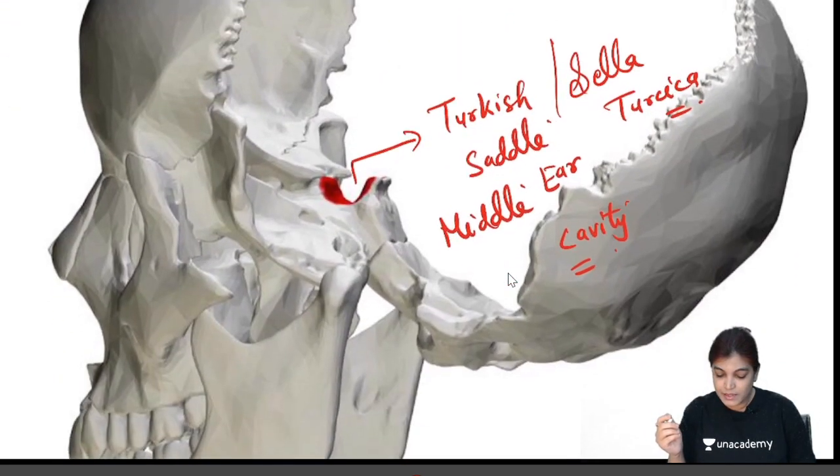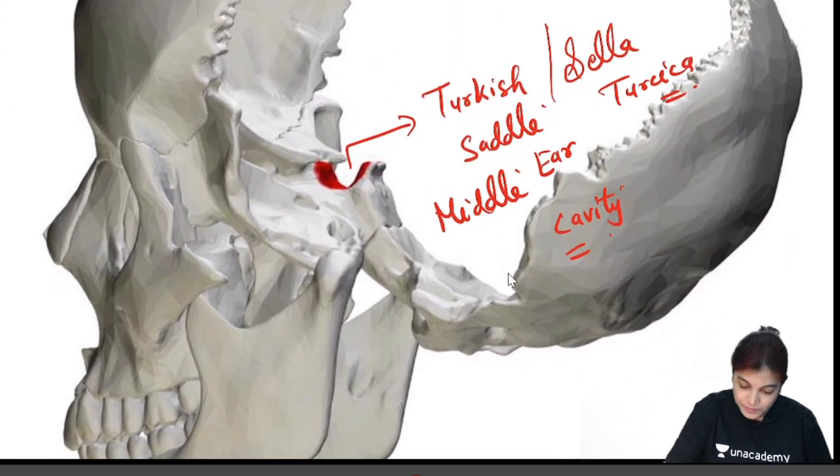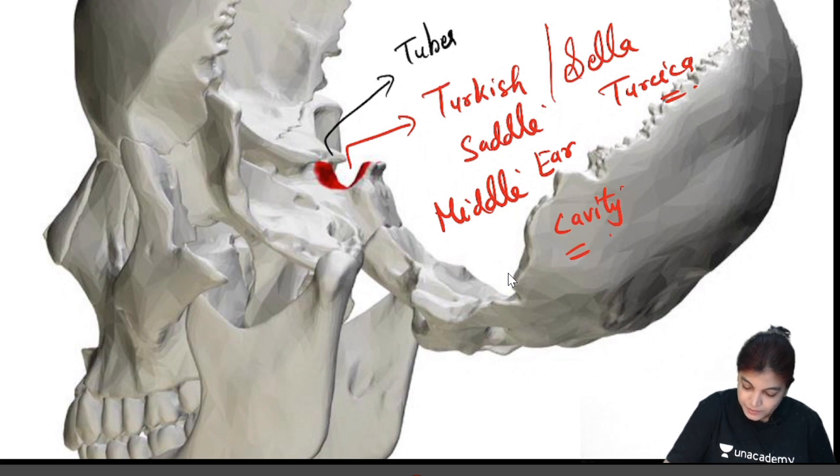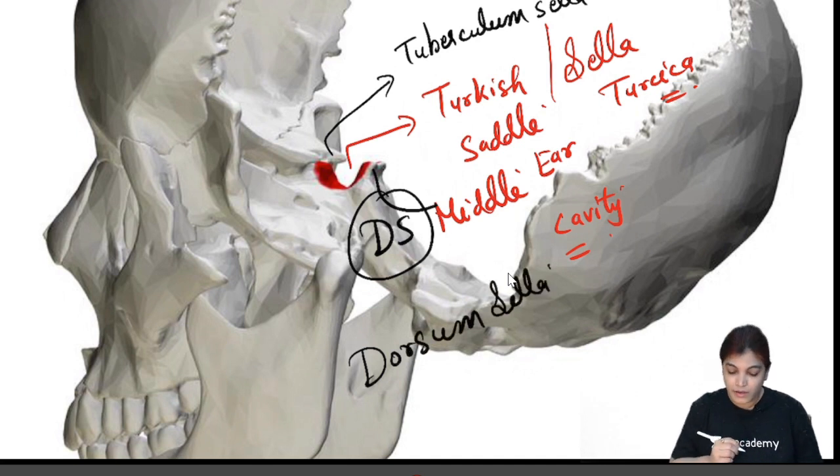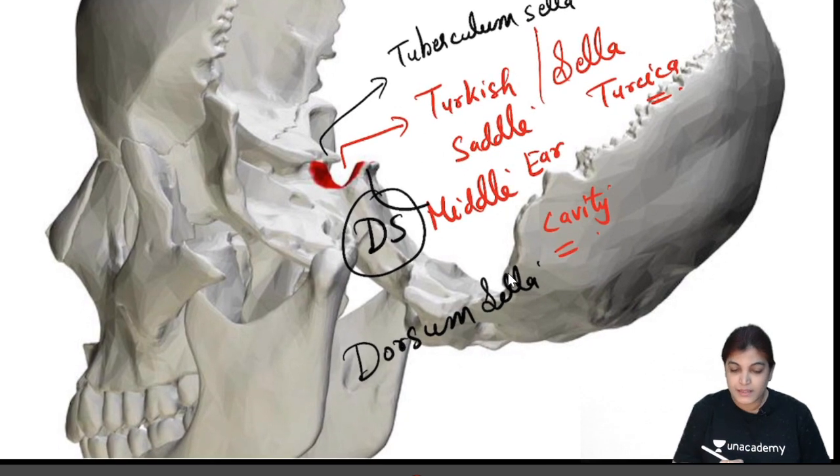So we have seen this. Now again coming to the diagram, this will be the tuberculum sellae, and posteriorly is the DS, that is the dorsum sellae. And what does it contain?